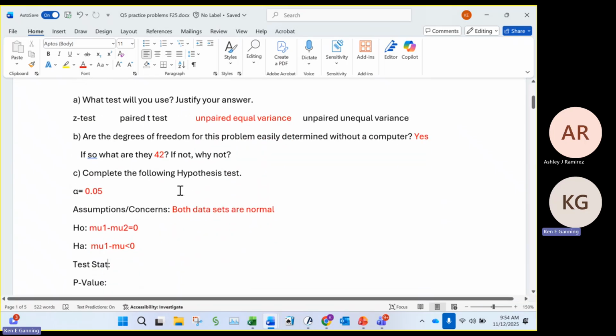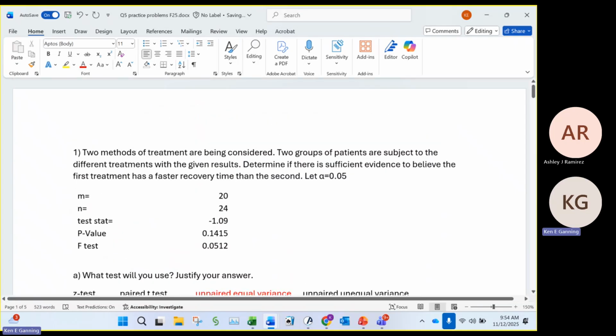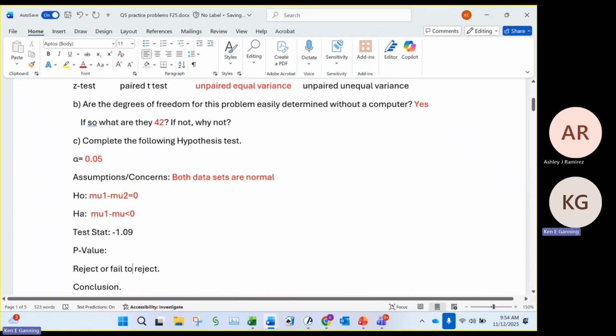So we get test stat minus 1.09, p-value 0.1415.